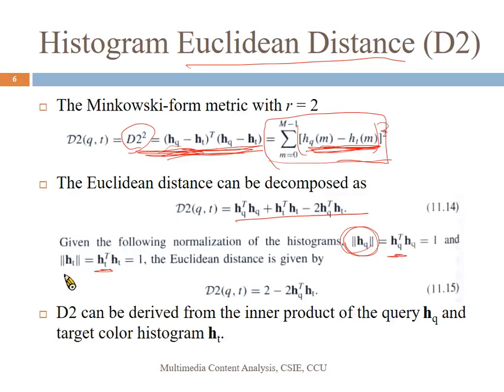So the L2 norm of HT is also equal to 1. So we can simplify this formulation like this: 2 minus 2 multiplied by HQ transpose HT. So D2 can be derived from the inner product of the query HQ and HT. Conceptually, if the inner product is larger, then the Euclidean distance is smaller. So the inner product is kind of a concept of similarity.